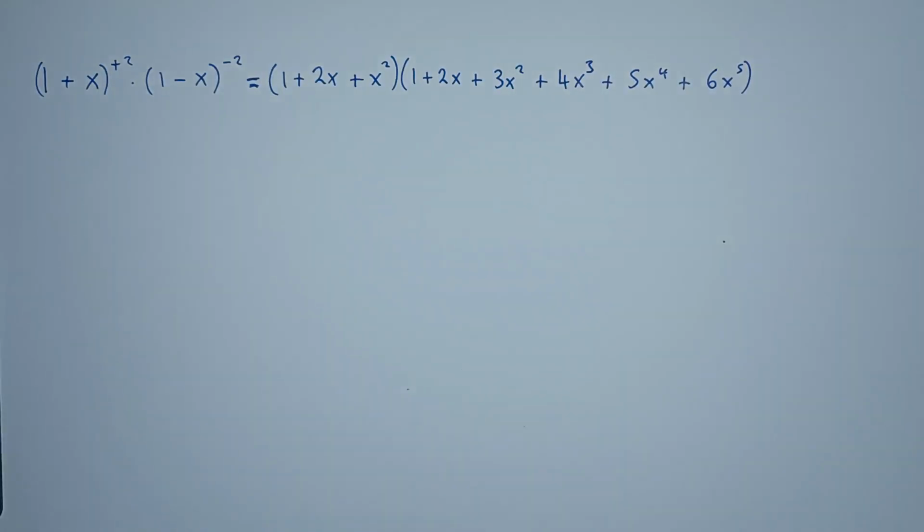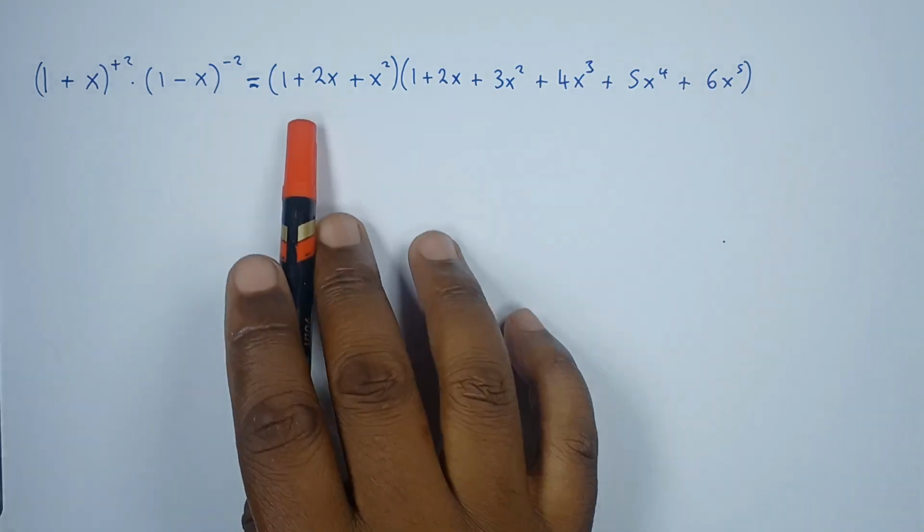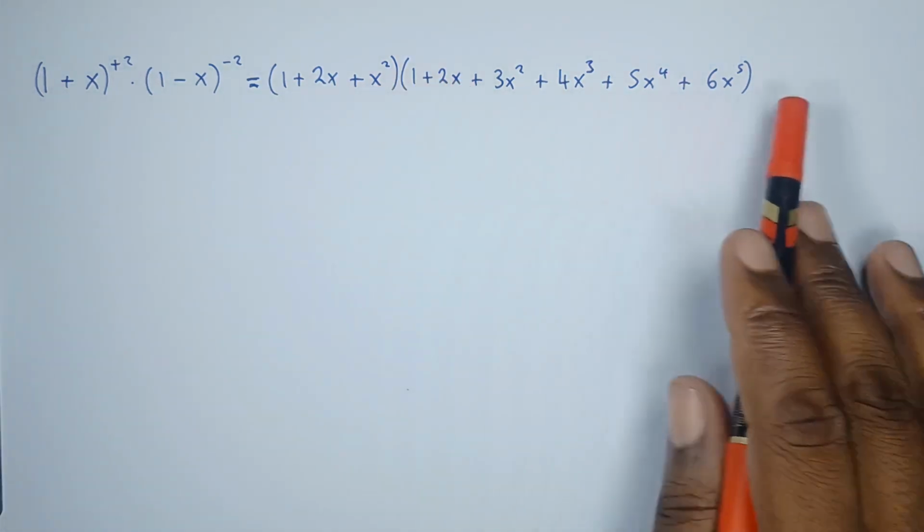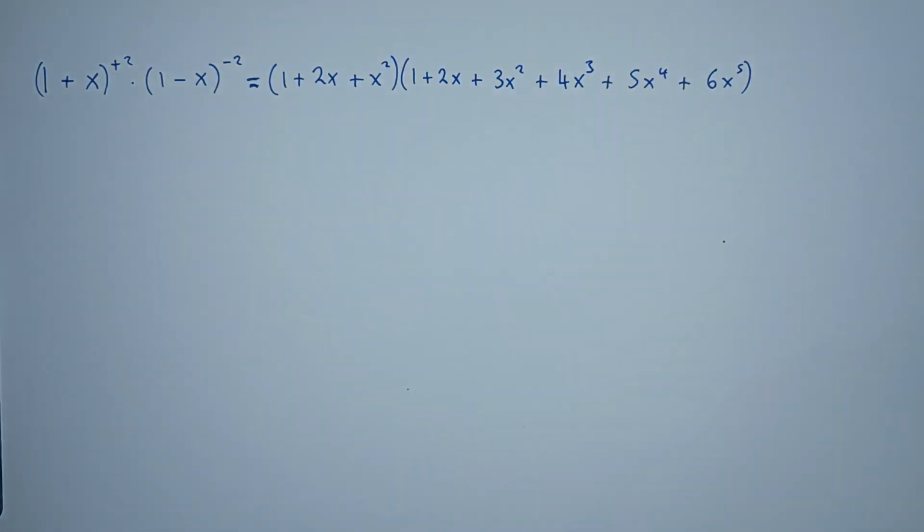And of course, we're just expanding, so I'm sure you know what I'm talking about. Now we're looking for the coefficient of x to the power 5. Now this bracket is multiplying this bracket. So we're not supposed to multiply these two brackets in full. What we can do is we just multiply certain terms that will give us x to the power 5.